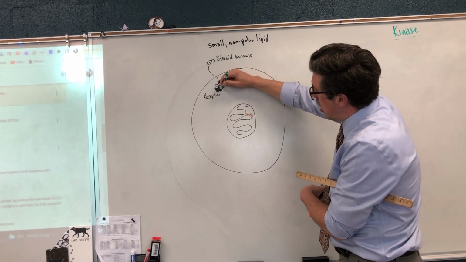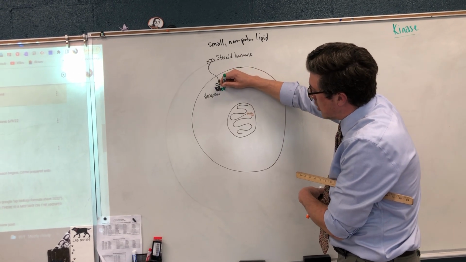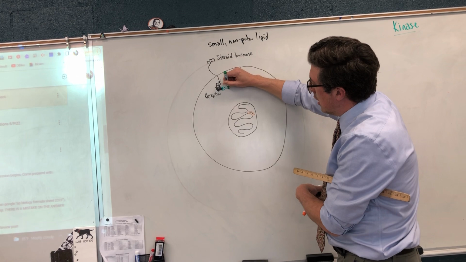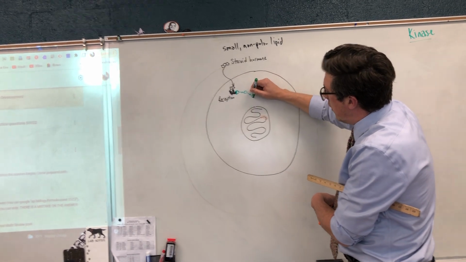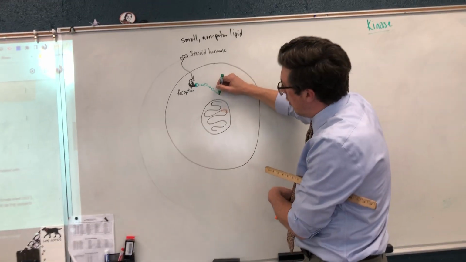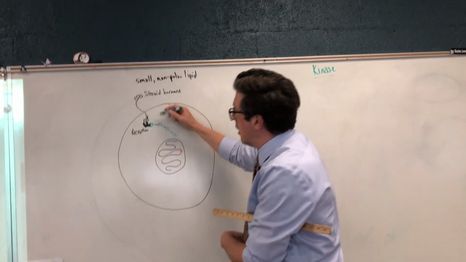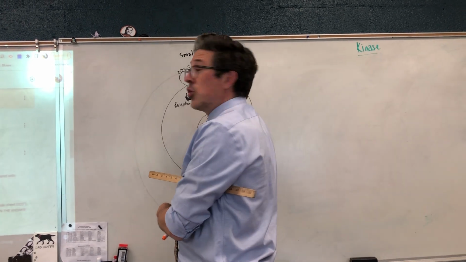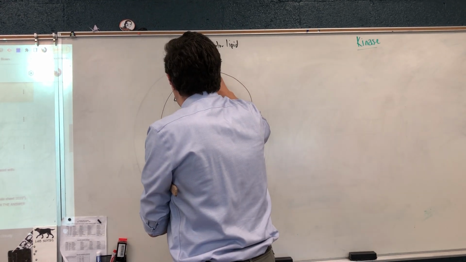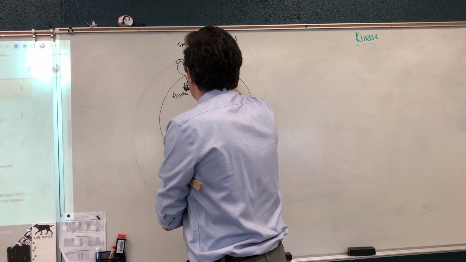And I'm making up the details, but it's going to cause a molecule to bind to it, which will then become active and activate another one, and then another, and then another one. This step right here, of course, is what? Transduction. Good. This is the transduction pathway.